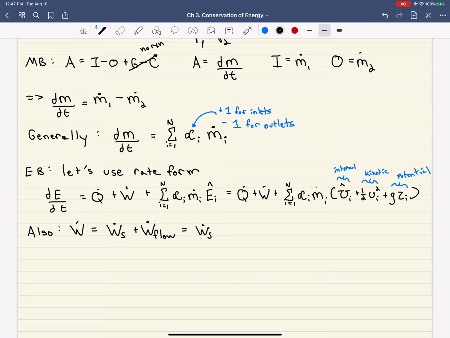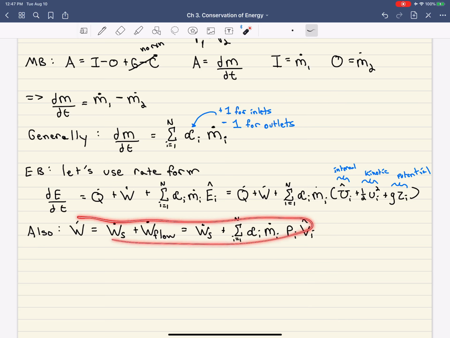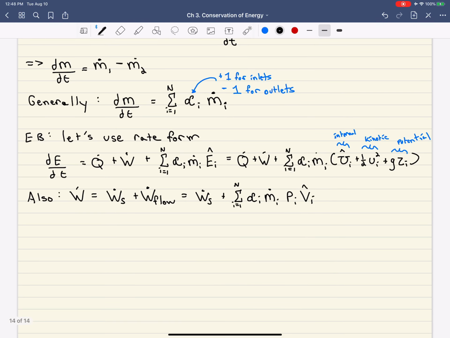And if we remember from the previous videos, we could also rewrite the flow work as this, where it's equal to some sign alpha times some mass flow rate, and then times pressure times V_i hat. Okay? Alright, and so we could take this identity and plug it into W dot in our previous equation.